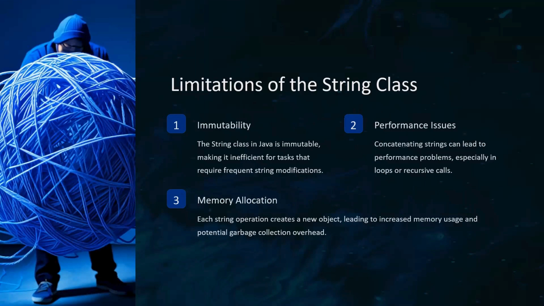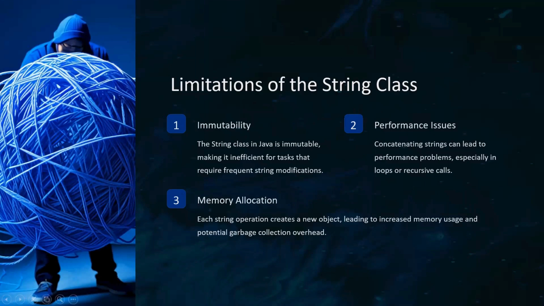As I mentioned, a limitation of the String class is immutability. Immutability means we can't change it directly; we can't frequently modify the given string. The String class in Java is immutable.